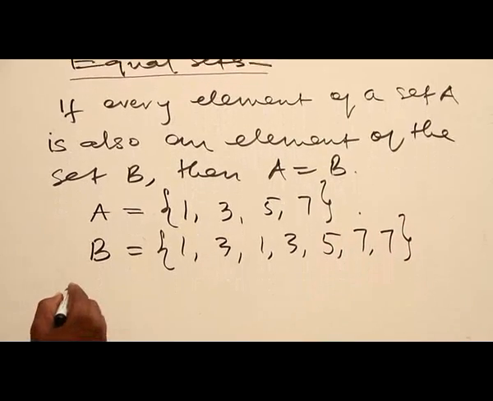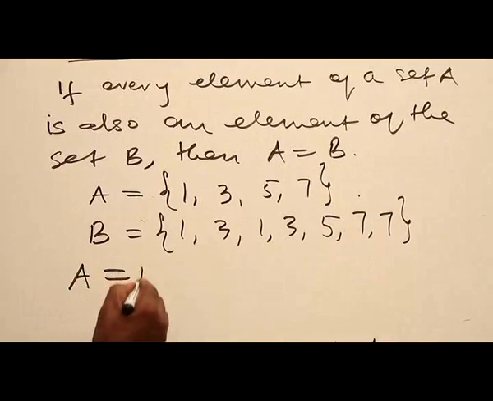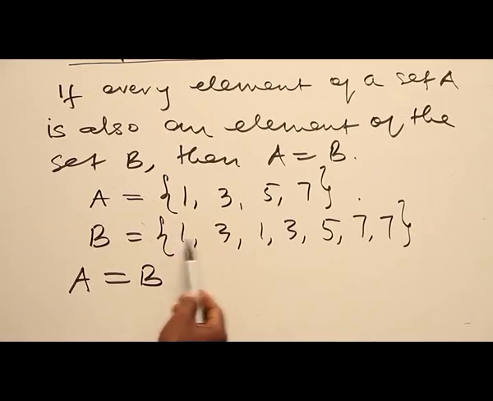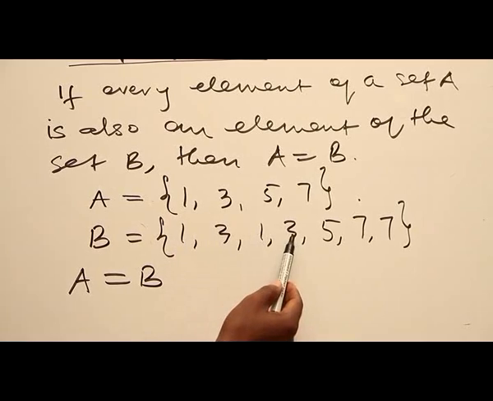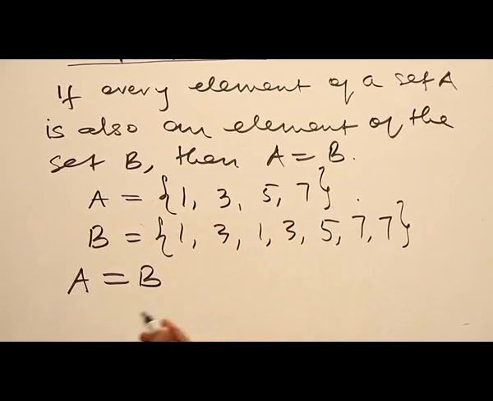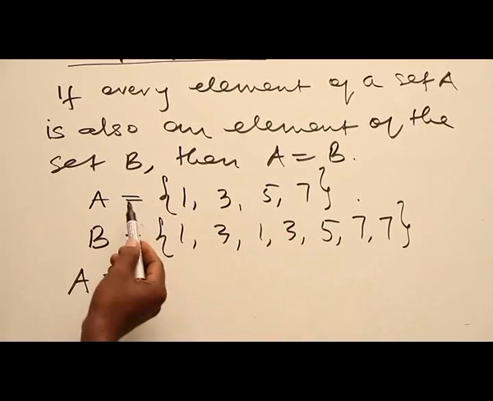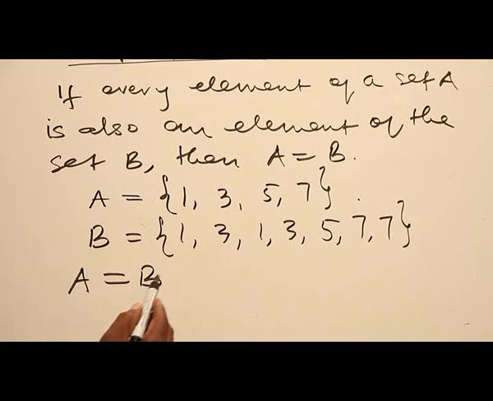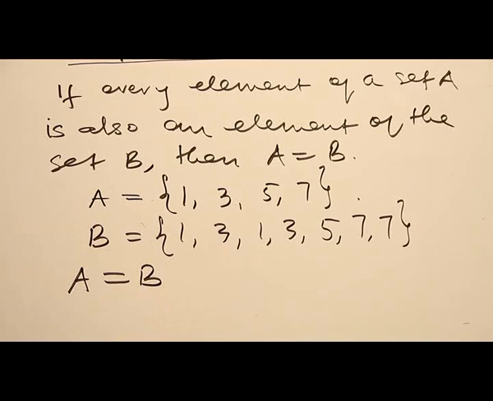Then we say that A is equal to B. The reason is because 1 is repeated here, 3 is repeated, and 7 is repeated, but the digits remain the same. So we have here the set A equal to the set B, not minding the repetition of some of the digits.